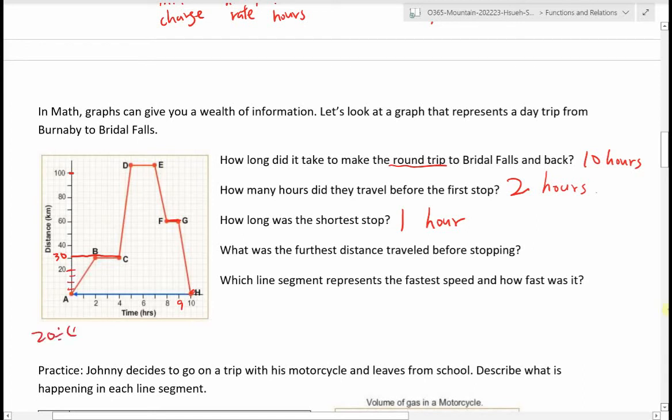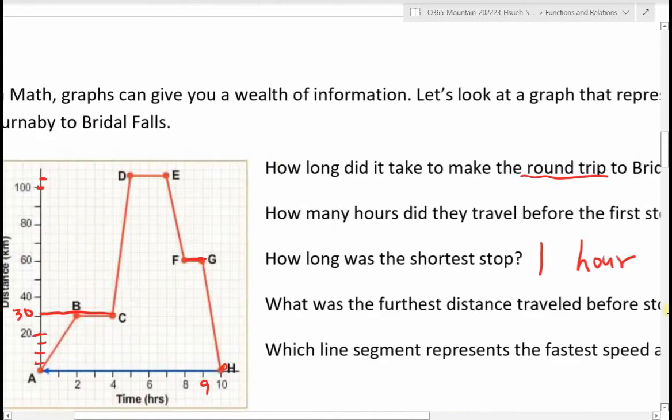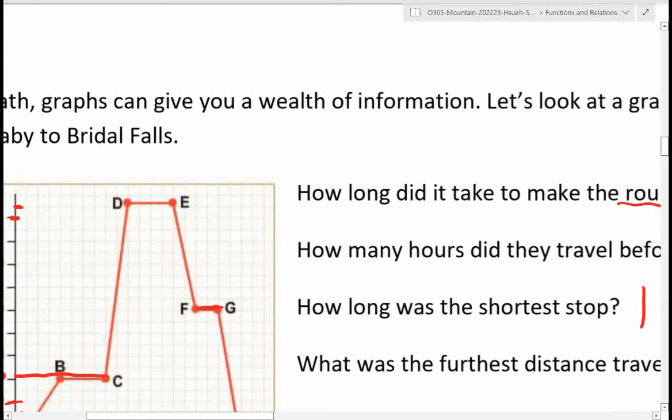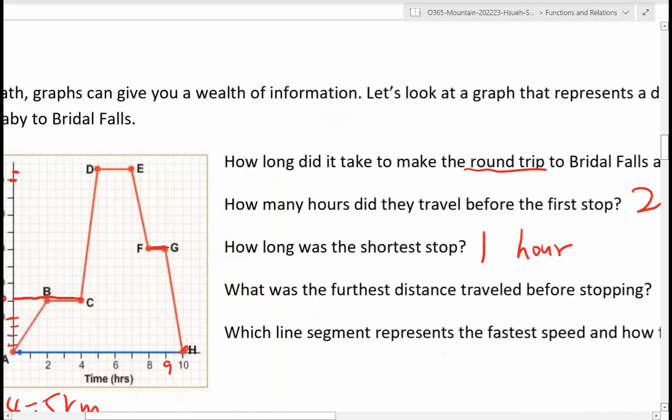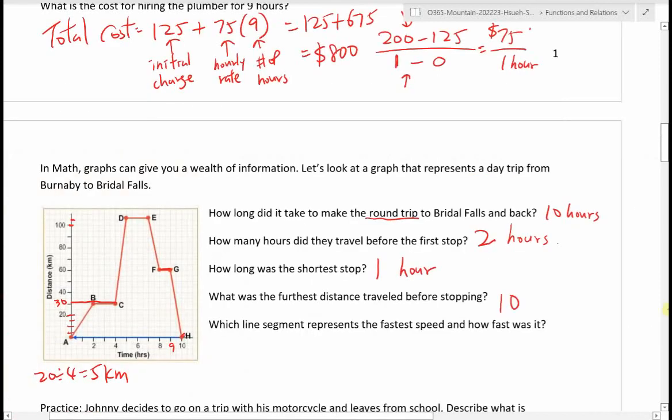So 20 divided by 4 means each square represents 5 kilometers. So D is right here, and that's 100, that's 105. It looks like it's a little bit more than 105, because if you zoom in, you can see this line is just above that square. So I'm just going to call it 106.